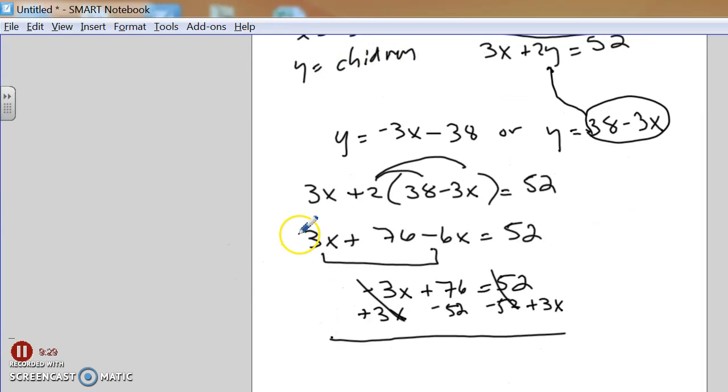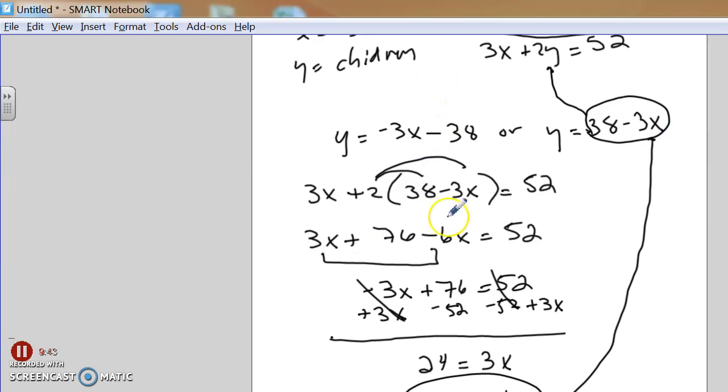So I'm left with 76 take away 52, so that's going to be 24 equals 3x, so x is equal to 8. Well, if x is equal to 8, then I'm going to come right back up here, and I know y is going to be 38 minus 3 times 8, which is 24, and that should give me 14 as y. So my solution would be 8, 14.